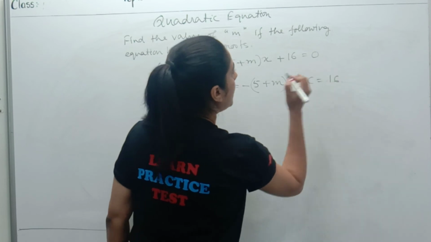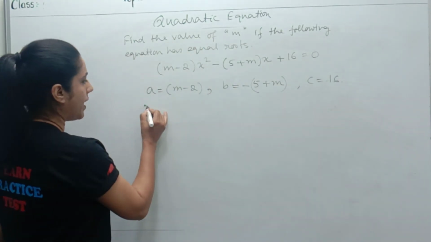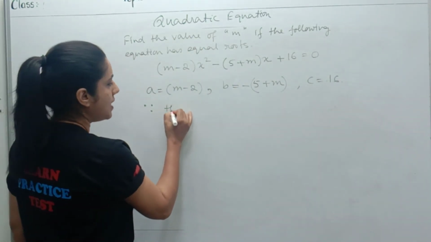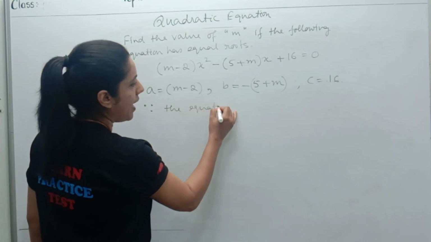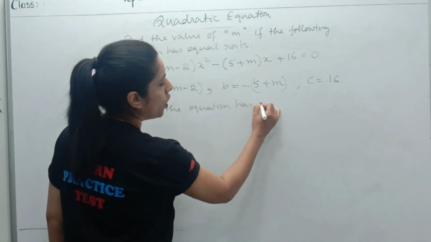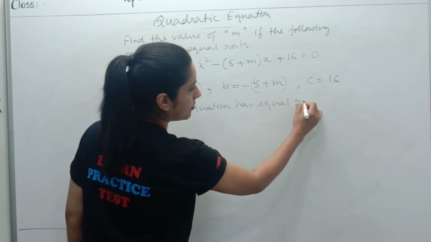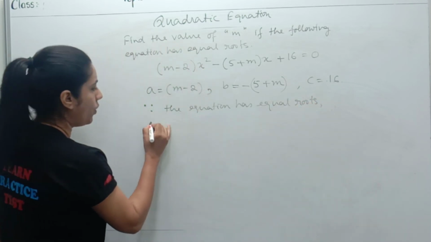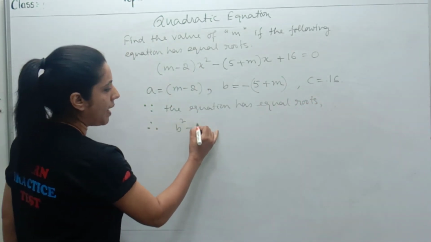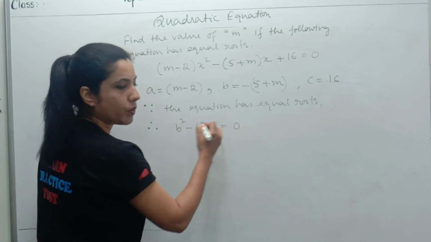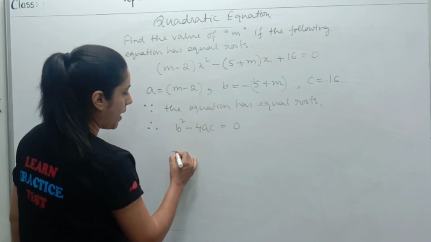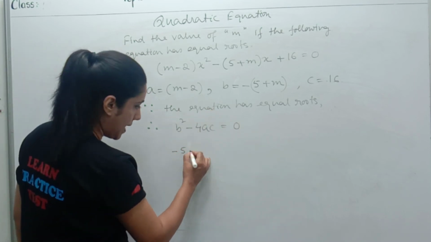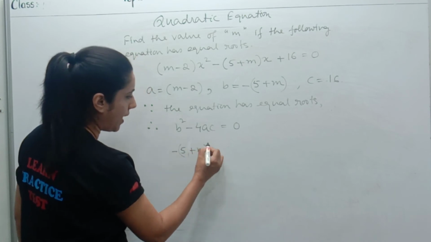Now since the equation has equal roots, therefore b square minus 4ac equal to 0. So b square means (minus 5 plus m) the whole square.